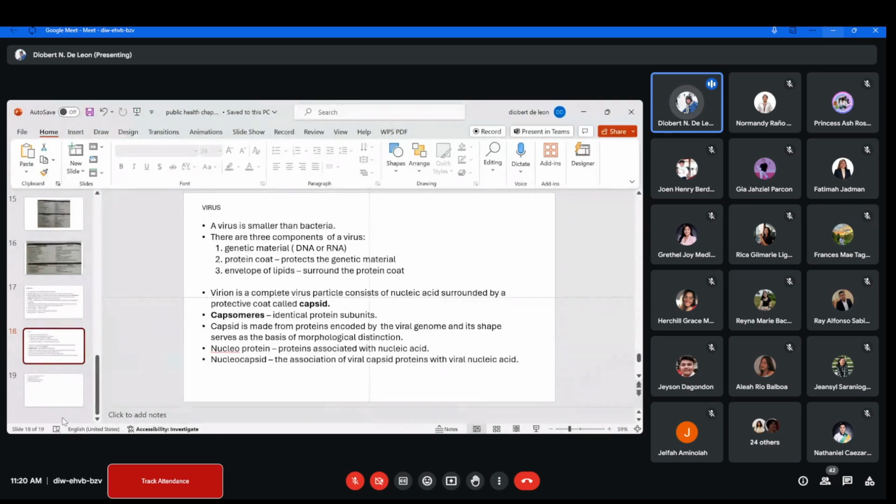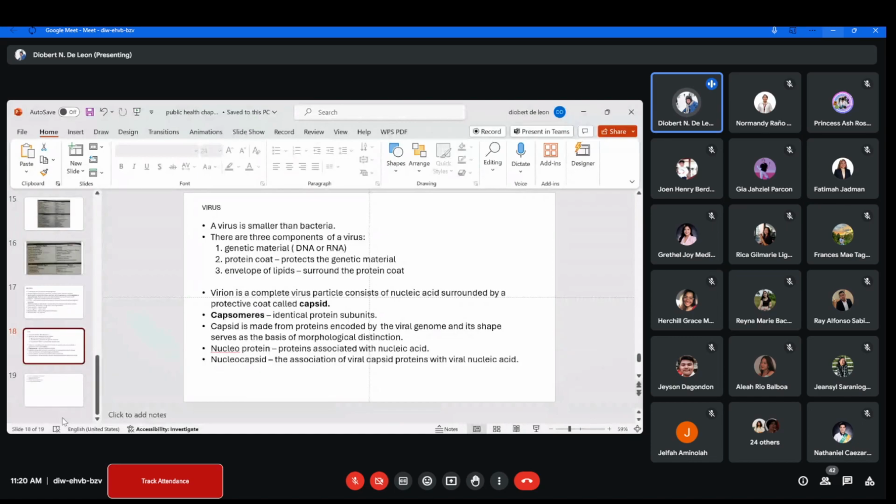Okay, similar to bacteria, viruses also have various morphologies. A complete virus particle, which is termed a virion, consists of nucleic acid surrounded by a protective coat, called the capsid. These are formed from identical protein subunits called capsomeres.